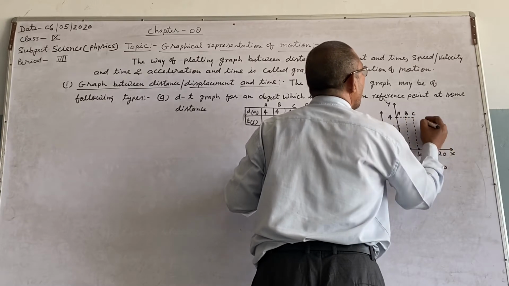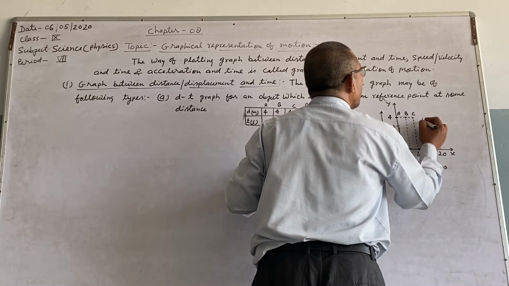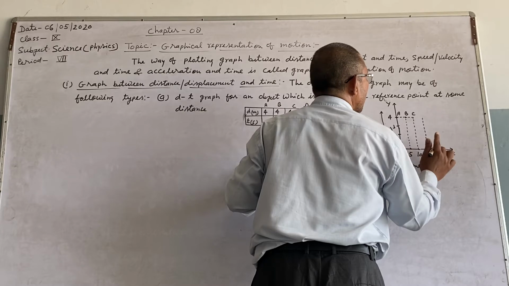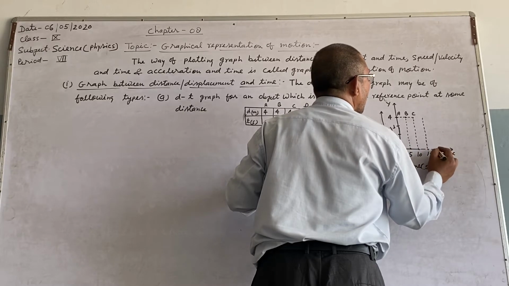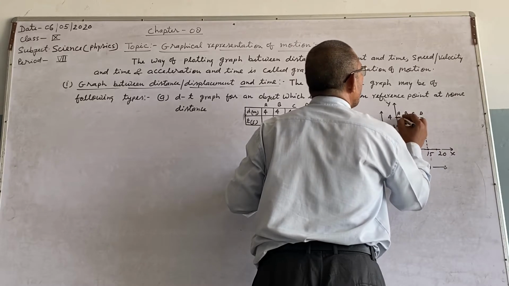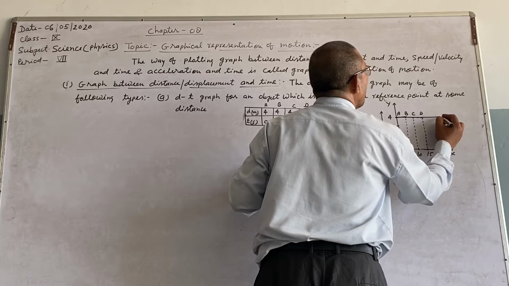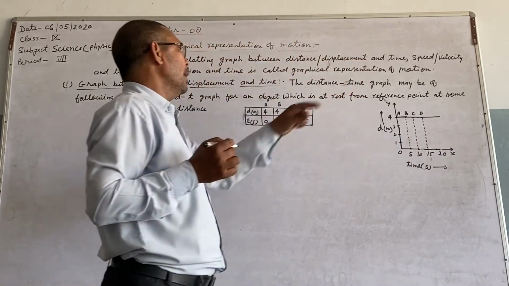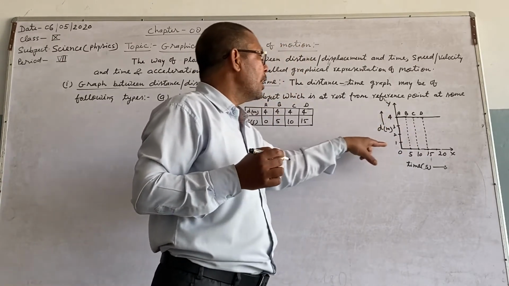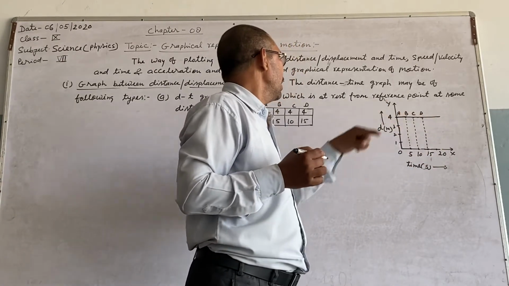Point C. And after 15 seconds, the object is at point D here, and if you join them, you will get a line parallel to x-axis, time axis.